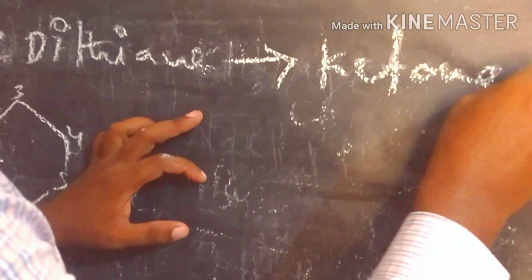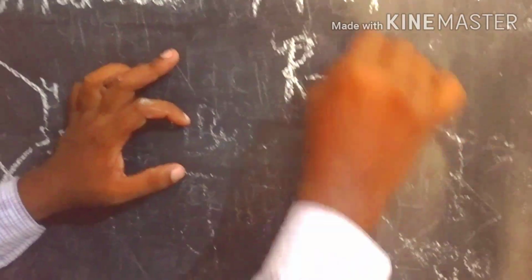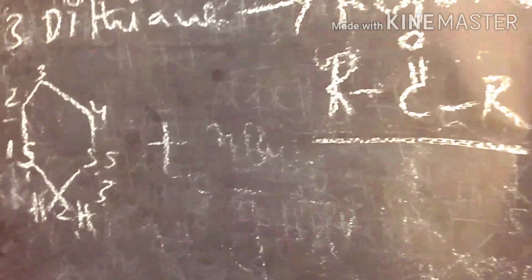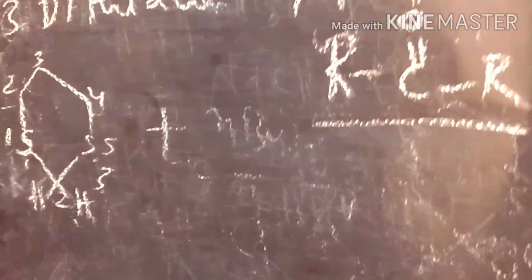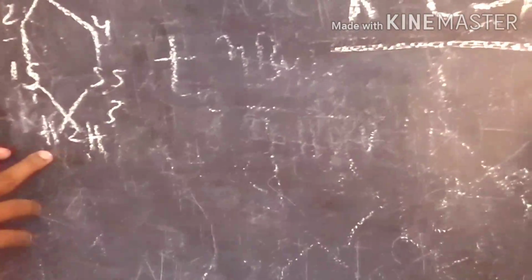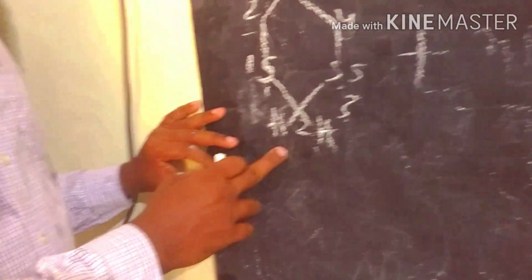So what is the difference between the aldehydes and ketones? We know very well that in aldehydes only one R group is present. In ketones we have two hydrocarbons bound to the carbonyl group. So in 1,3-dithiane, the hydrogens are replaced by the two hydrocarbons.